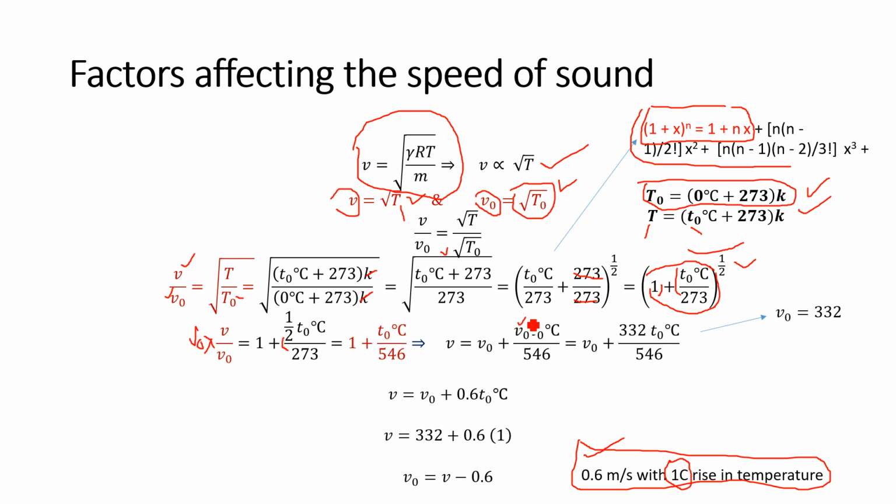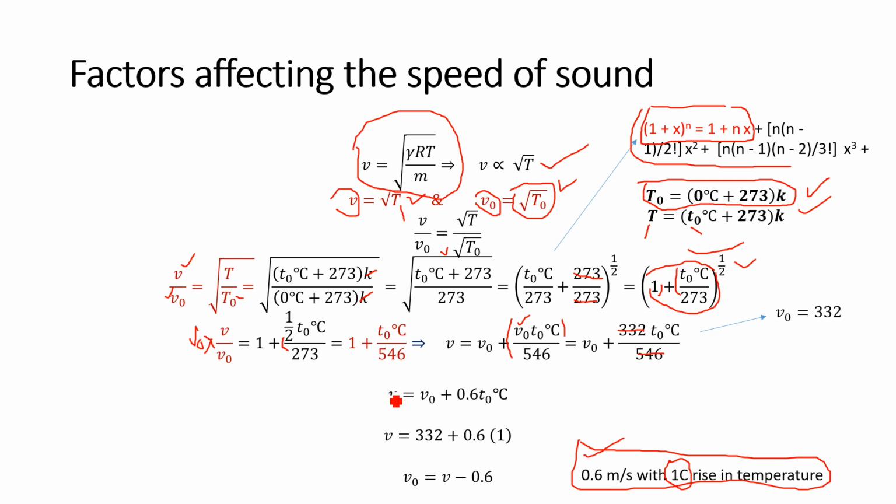Now this V naught represents the speed of sound wave at 0 degree centigrade, and this is 332 meter per second. So substituting the value for V naught in this part of the equation, we will have velocity V is equal to V naught plus 332 times t degree centigrade divided by 546, and dividing this term by 546 we will get 0.6 t.